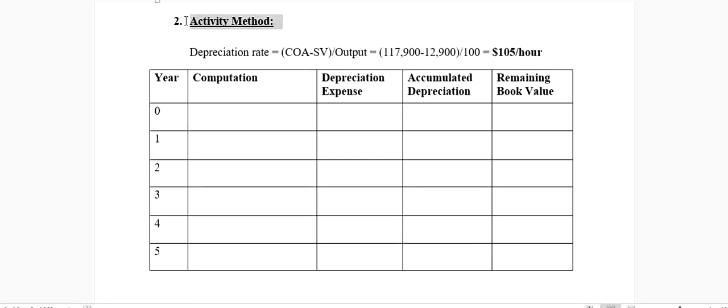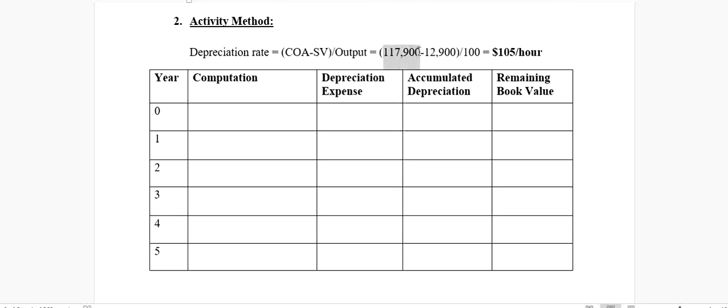Now in order to calculate depreciation using the activity method, we first need to know the rate per hour. To calculate that, the formula is the same with a slight difference from the straight line method. That's cost of asset minus salvage value. So this part is the same, and we used to divide it by life. Here we are dividing it by the output.